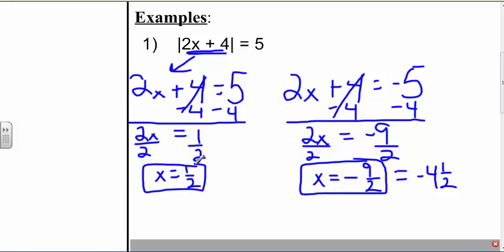To check your solution, you must check in the original equation. So we have to go all the way back up to the absolute value of 2x plus 4 equal to 5. We'll set up our check.